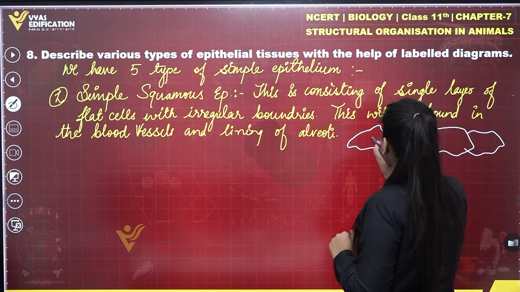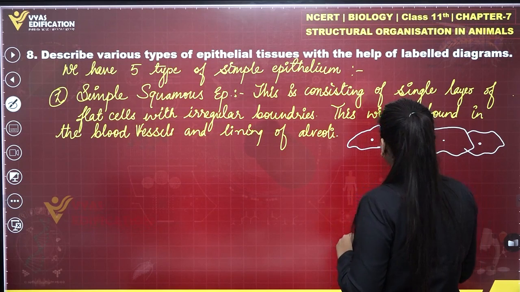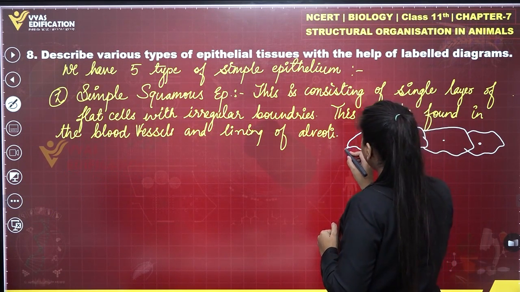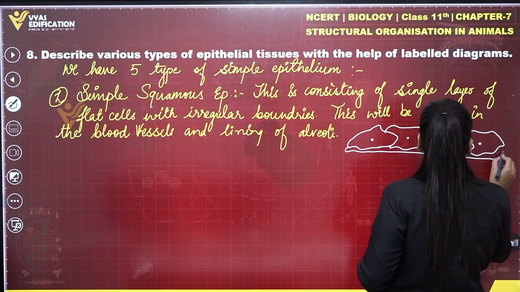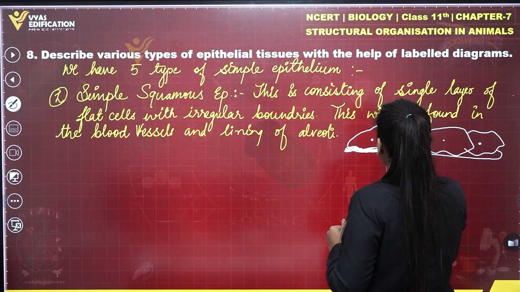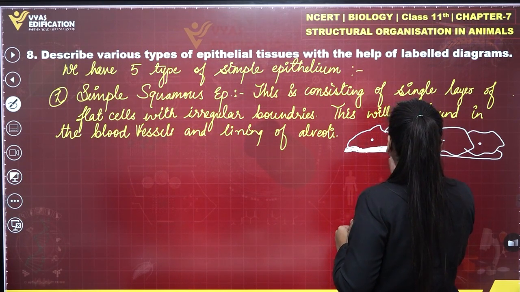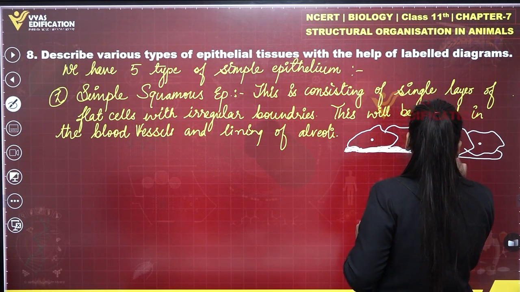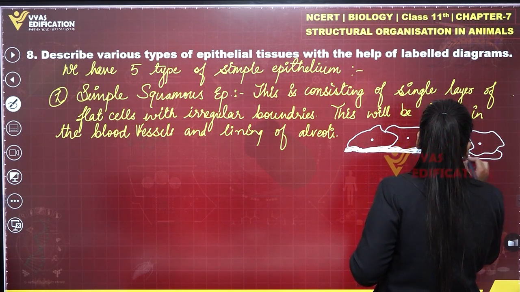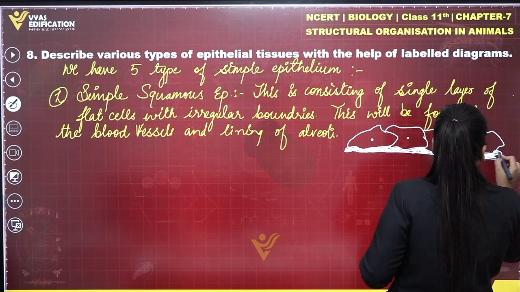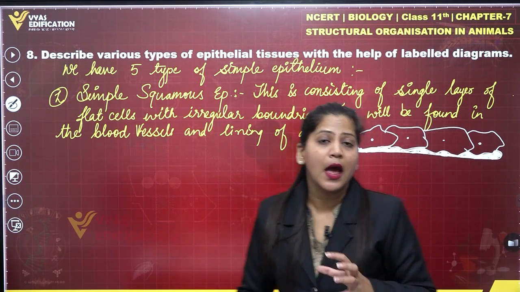So here, these flat cells with nucleus and irregular boundaries are attached to the basement membrane. So this is your basement membrane to which the cells of simple epithelium are directly attached, and you will not find this basement membrane in the compound epithelium.